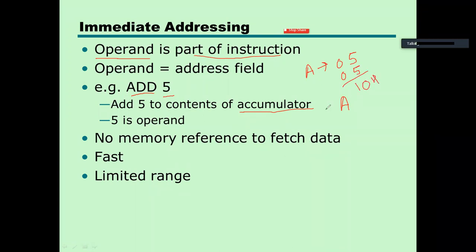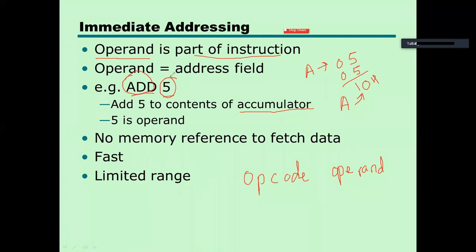It will be saved into the accumulator itself. So when we are writing the instruction, it has two parts: one is called the opcode and the other is called the operand. The operand is the data which we are handling and the opcode is the task which we are performing. So in this example, ADD is the opcode and 5 is the operand.